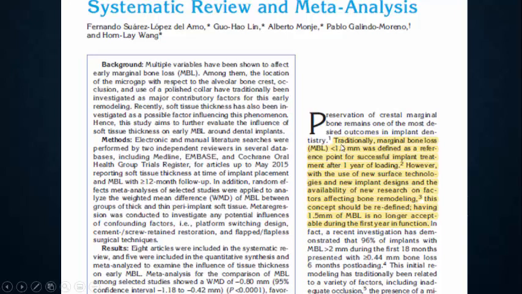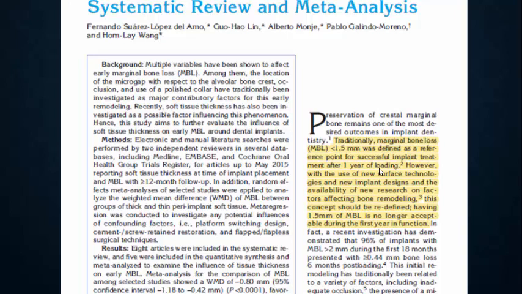They say that traditionally, marginal bone loss of less than 1.5 mm was defined as a reference point for successful implant treatment after 1 year of loading. When we first started learning about implants, they said that if we have less than 1.5 mm marginal bone loss after 1 year of restoring the implant, this is considered a successful criterion.